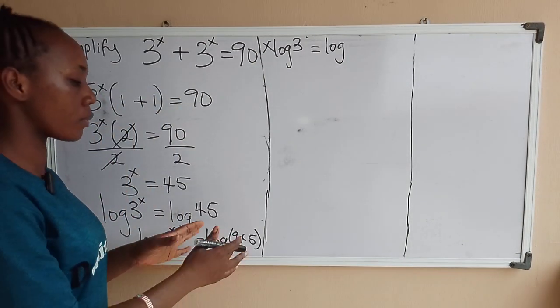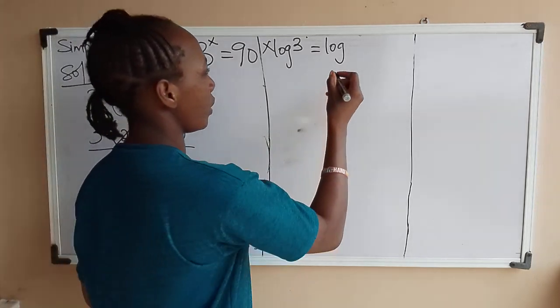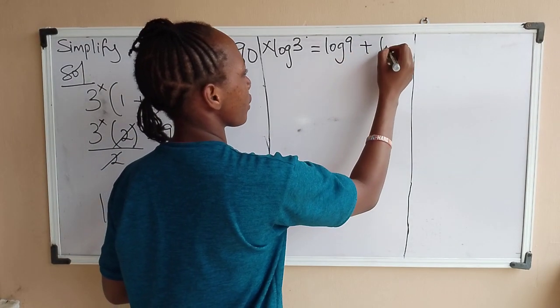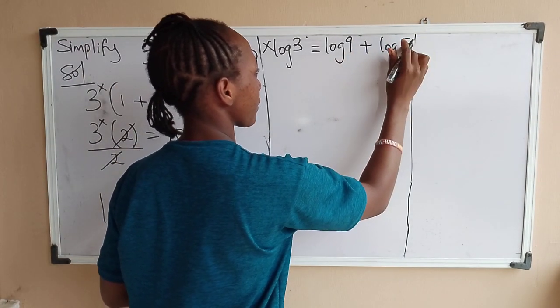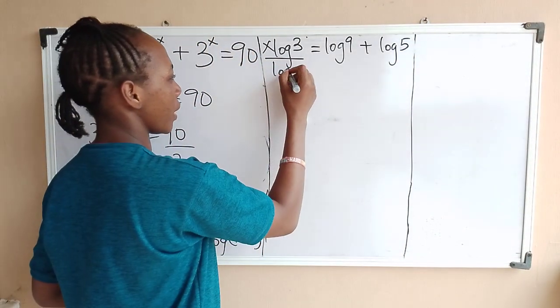So here we're going to be applying the addition rule. This will give us log 9 plus log 5. So the next thing we'll do is to divide both sides by log 3.